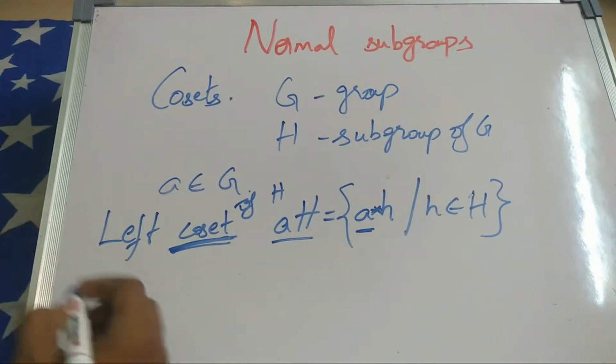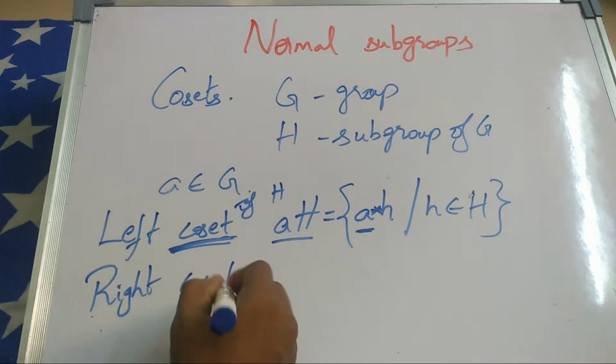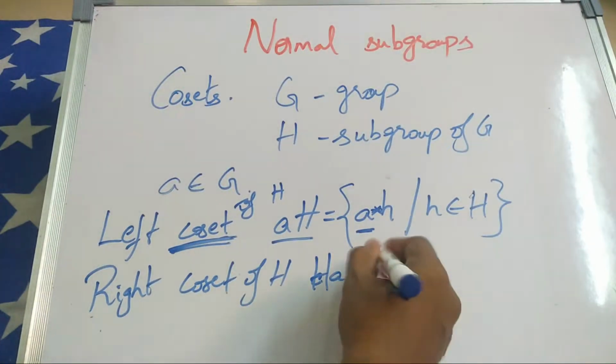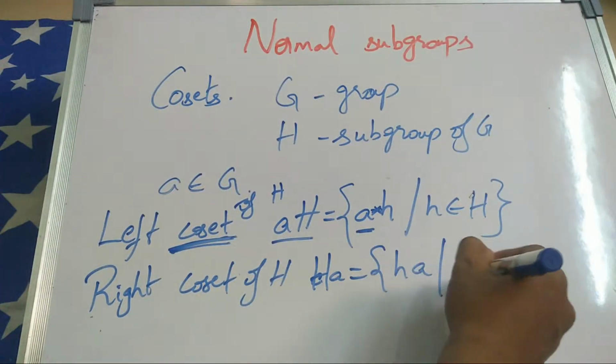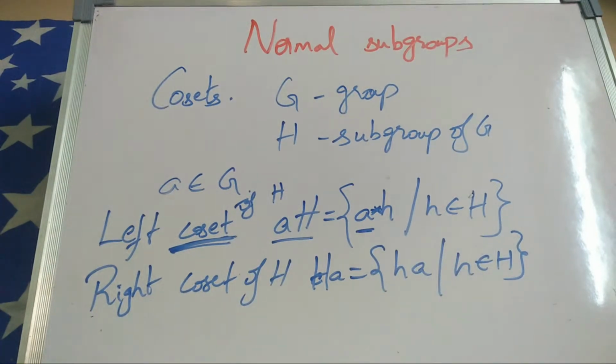Now similarly we define the right coset of H as Ha, equal to the set of all ha where h varies in H. That is, we multiply a to the right of every element of H. As simple as that. Our intuitive idea is that these two might be the same or might not be the same.